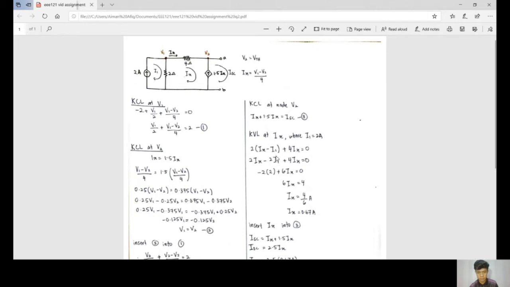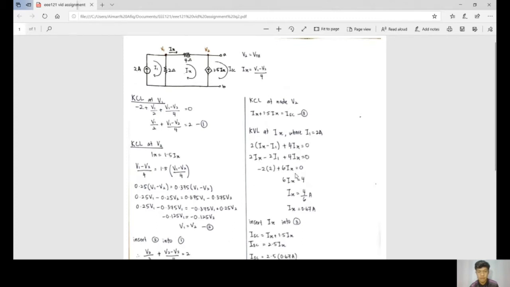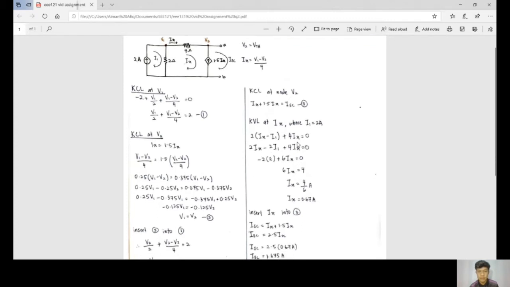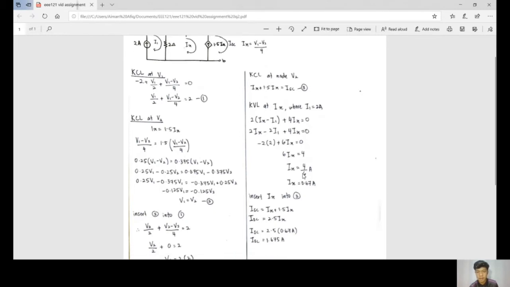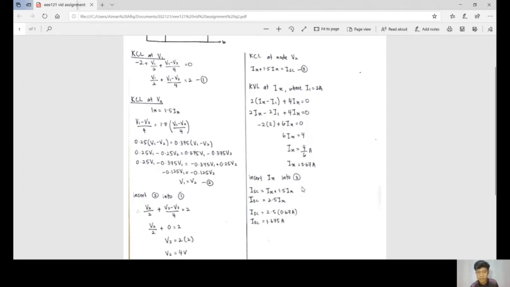We do the KVL and we get 2 times Ix minus I1 plus 4Ix equal to 0. We expand the equation, insert the value of I1, and we get 6Ix equal to 4. Then we move the 6 to the right side and we get Ix equal to 0.67 ampere.